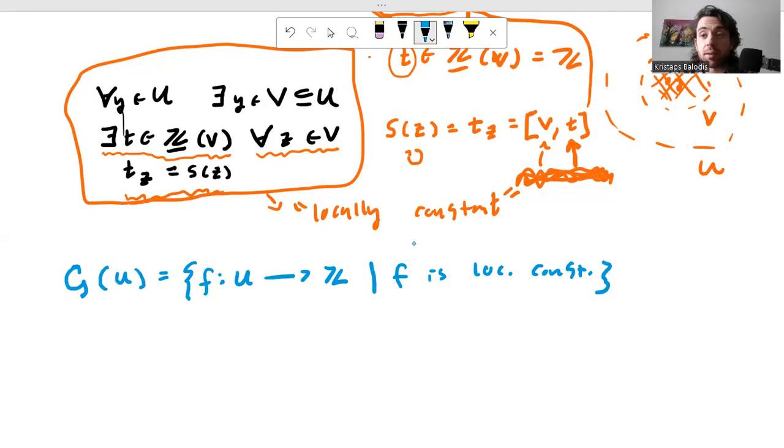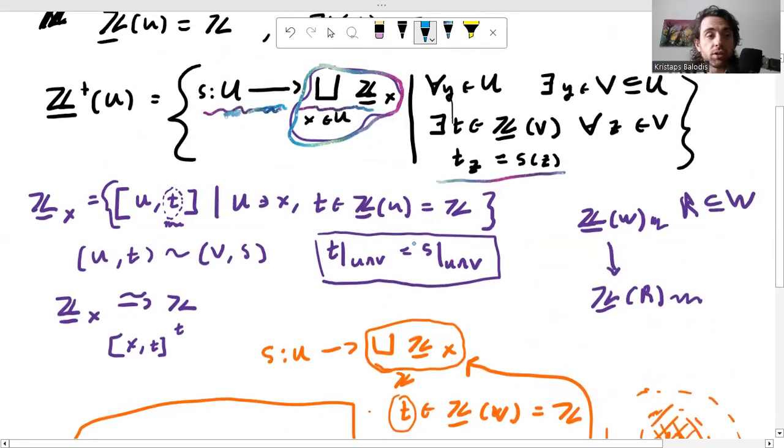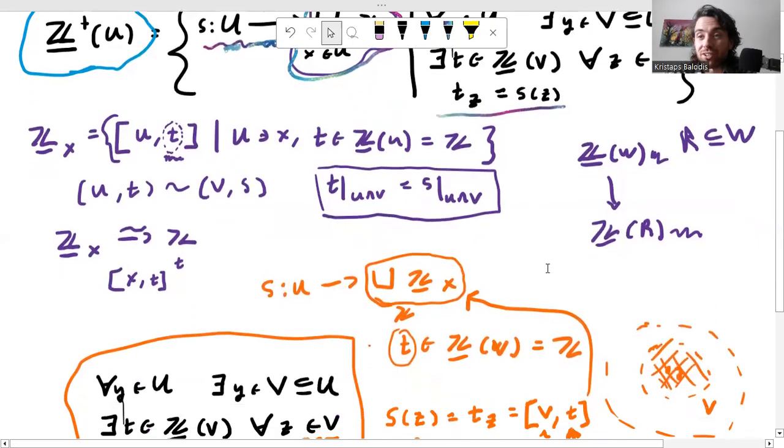Now I claim that this is not only a sheaf, but it is isomorphic as a sheaf to the sheafification of the constant presheaf. And I've effectively just argued this essentially in one direction, right?